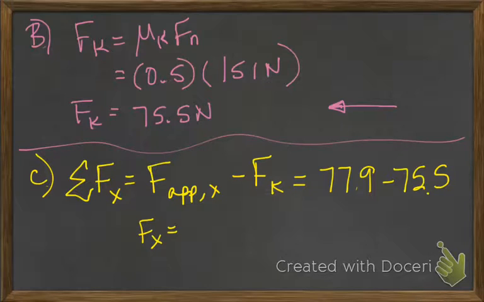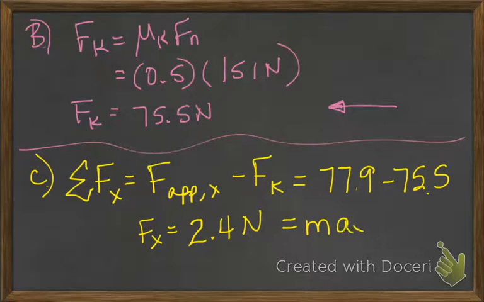Did we have 75.5 or 75.6? Okay, it's okay. So 2.4 newtons, that's what's left over in the x direction, which means your box is actually accelerating and moving, because there is a force left over when you find your net force. But we said we needed the acceleration, so force is equal to mass times acceleration.